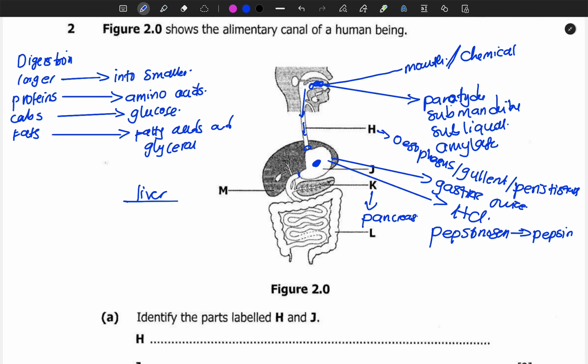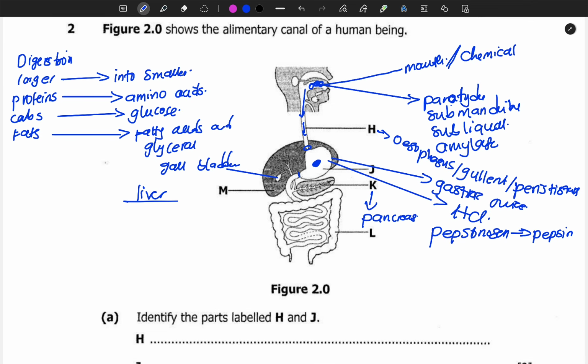So the liver does all those functions, and also produces the bile salt that works in emulsification. Then we also have the gallbladder. So the gallbladder stores the bile salt produced by the liver. So the liver produces the bile salt, then the gallbladder stores the bile salt. So don't confuse the two.